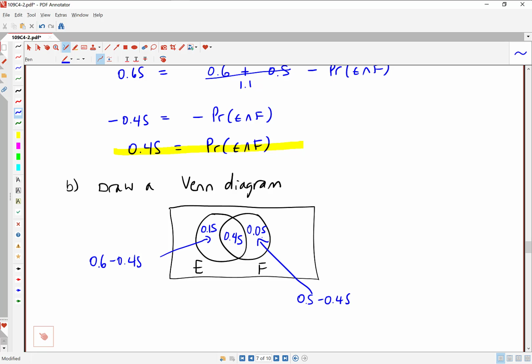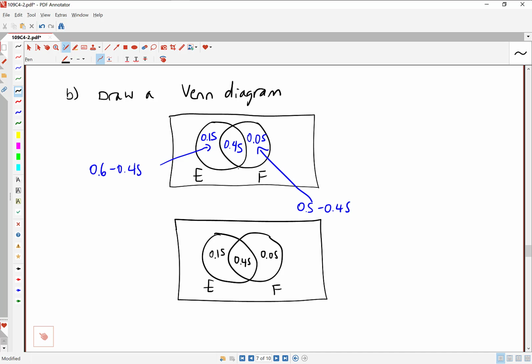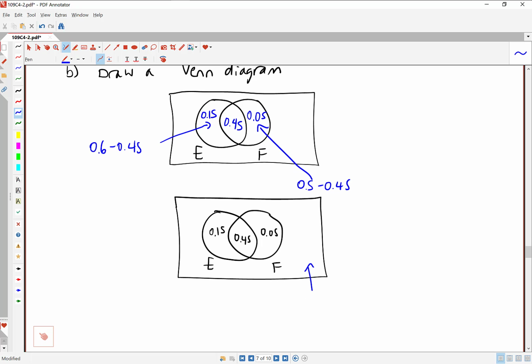And then once you've done that, you can figure out your last probability using the fact that the sum of all your probabilities has to be 1. I've just redrawn a fresh version of this diagram so that we can see our last step of reasoning. To get the probability of the outer region, we're going to say the sum of all these probabilities has to be 100%, or in other words, it has to be 1.